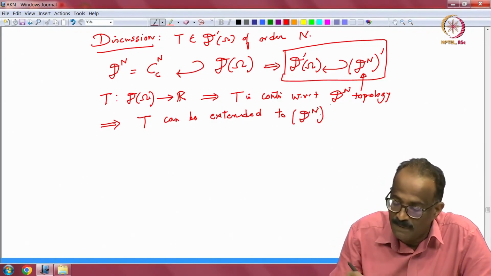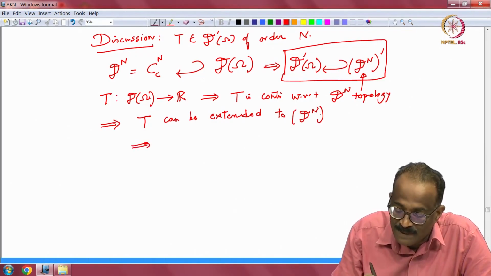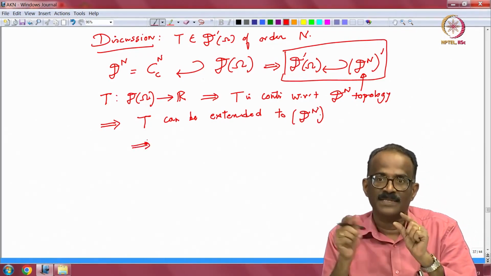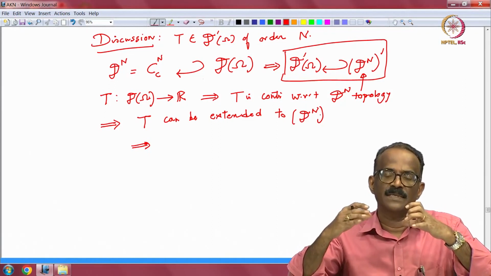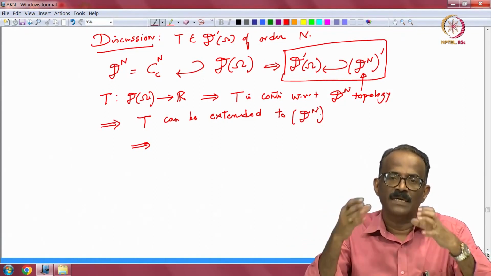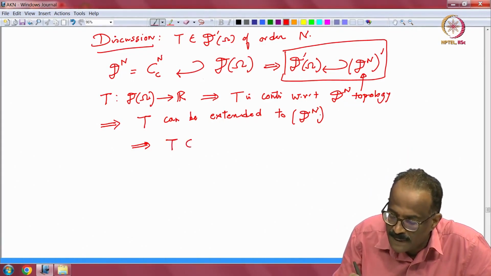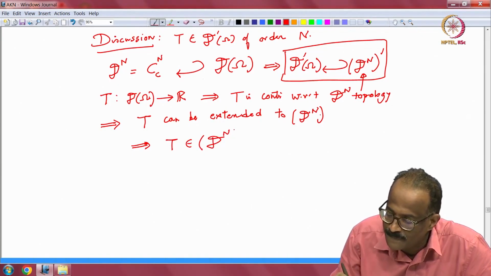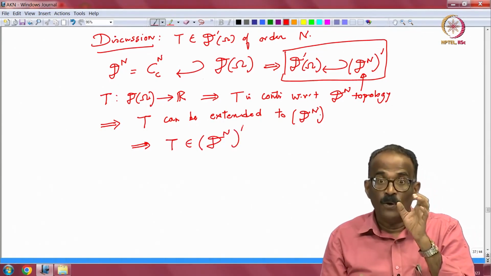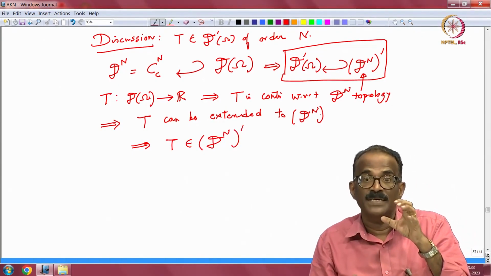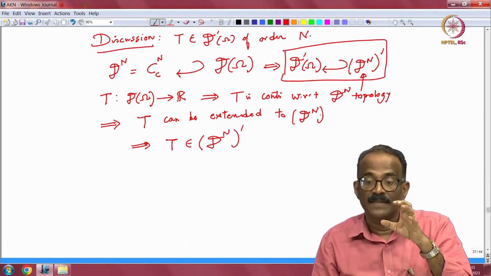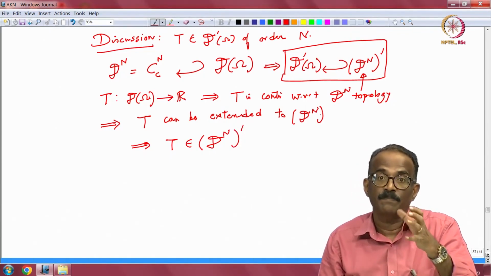In other words, the natural extensions via density, I am not using a different notation, we use the same notation. So T is in basically D^n prime. So if a distribution is of order n, then T belongs to D^n prime.